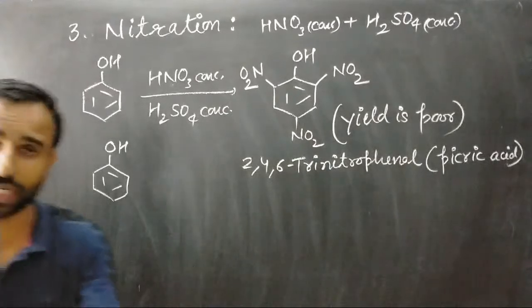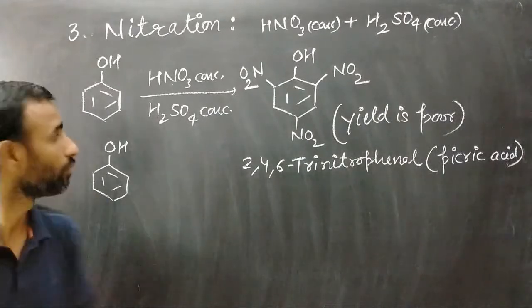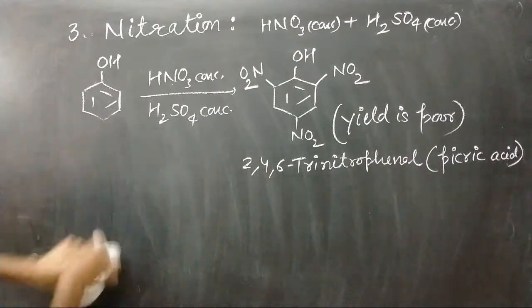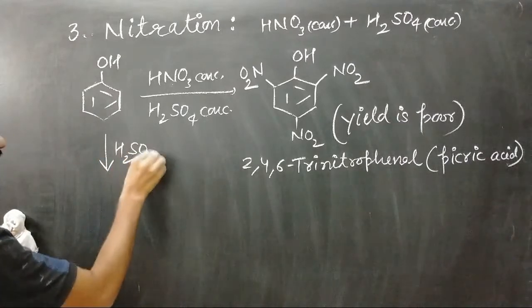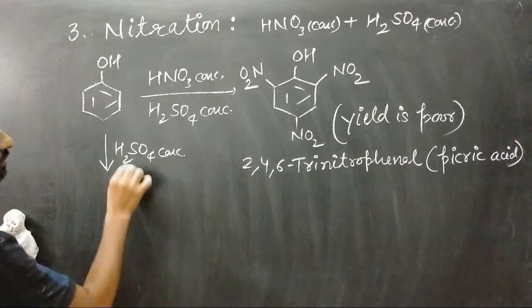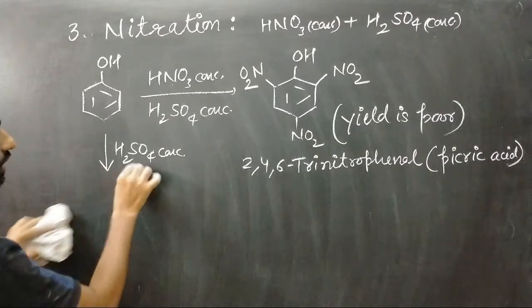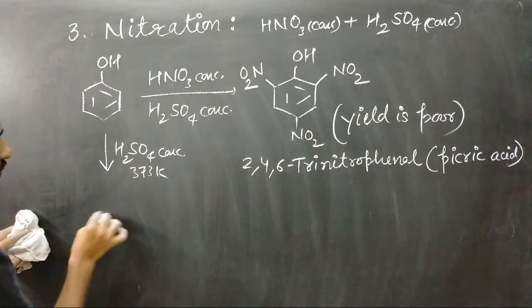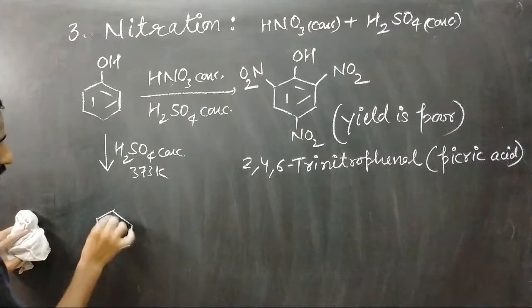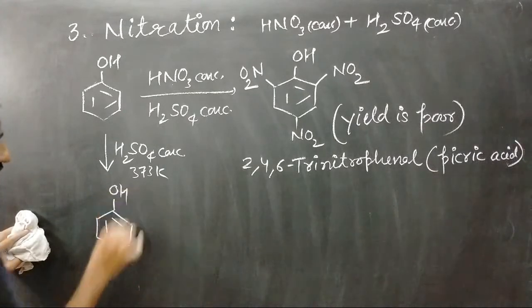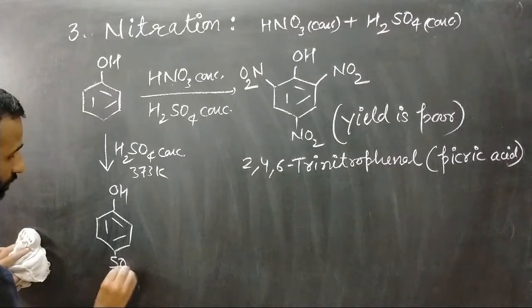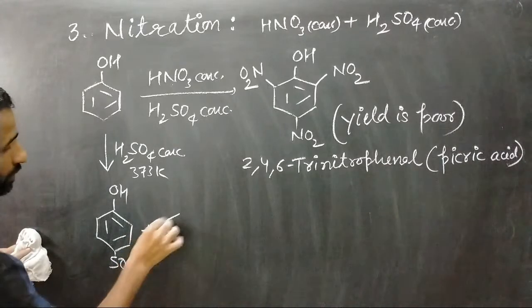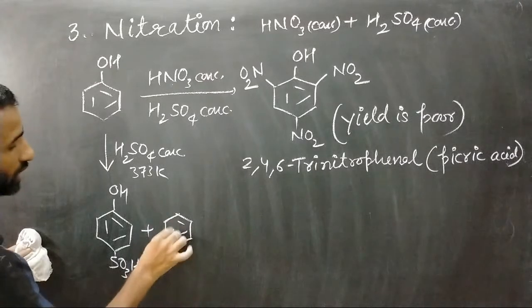First we sulfonate the phenol, and when we sulfonate at 373 Kelvin, the main product formed is para, along with ortho to a small extent.